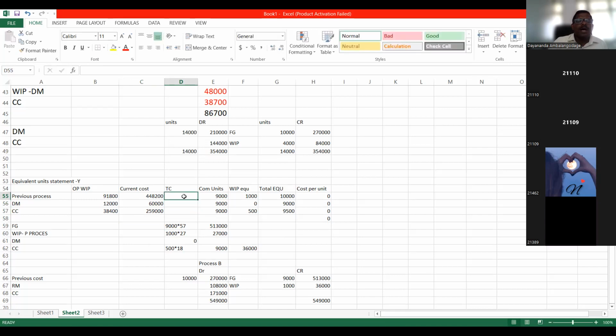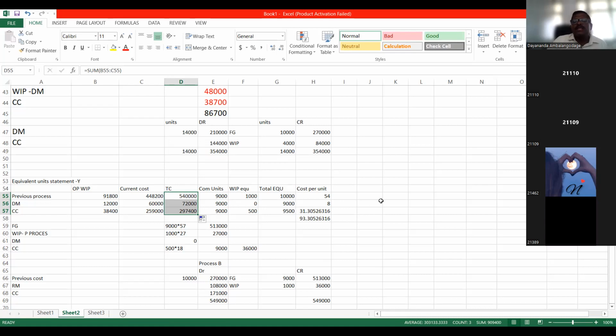You can just complete it by getting the total, right? Okay, so that is the total. Then just look at the completed units. I think completed units are also not given.